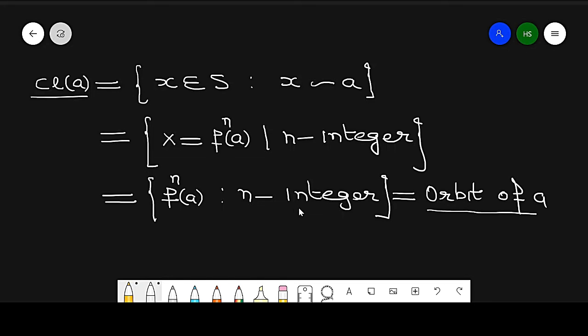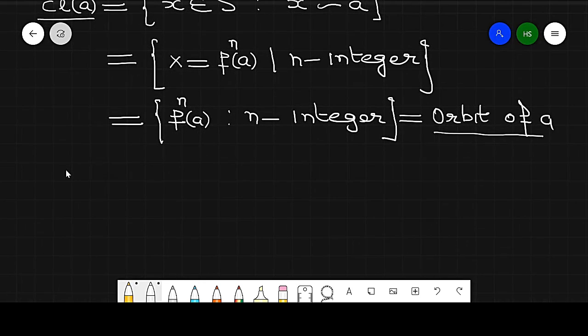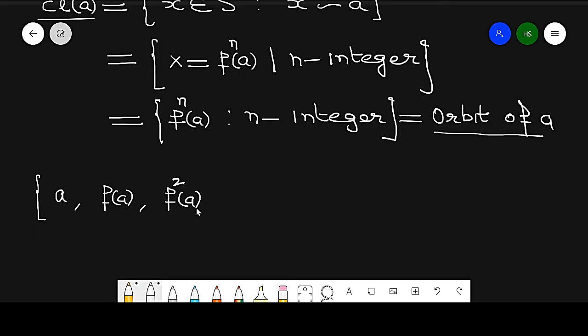If S is some finite set, we clearly see that the class of A consists of elements of this kind: A, f of A, f squared of A, up to f to the power r minus 1 of A. Because S is a finite set, we can find a positive integer r which satisfies this condition.